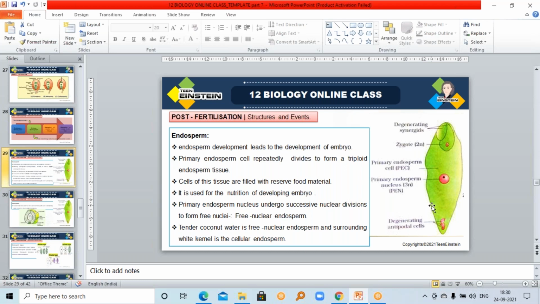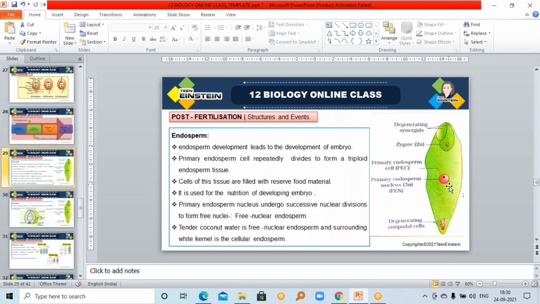So that cell won't be a proper cell. Genetically, it will have some kind of defects. That is not a proper division, right? So only this primary endosperm nucleus will undergo mitotic division, and the cells formed are triploid tissues.